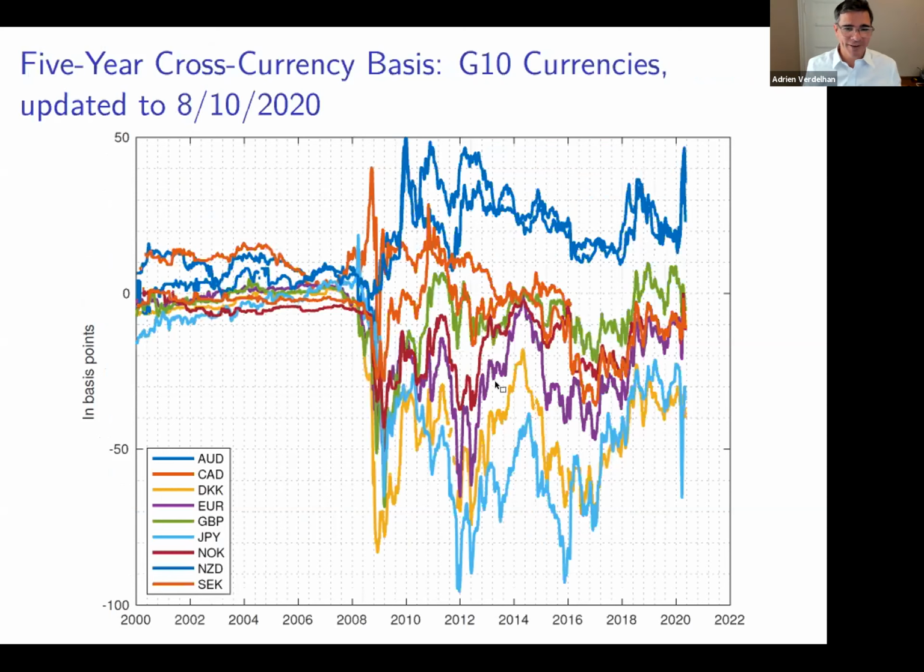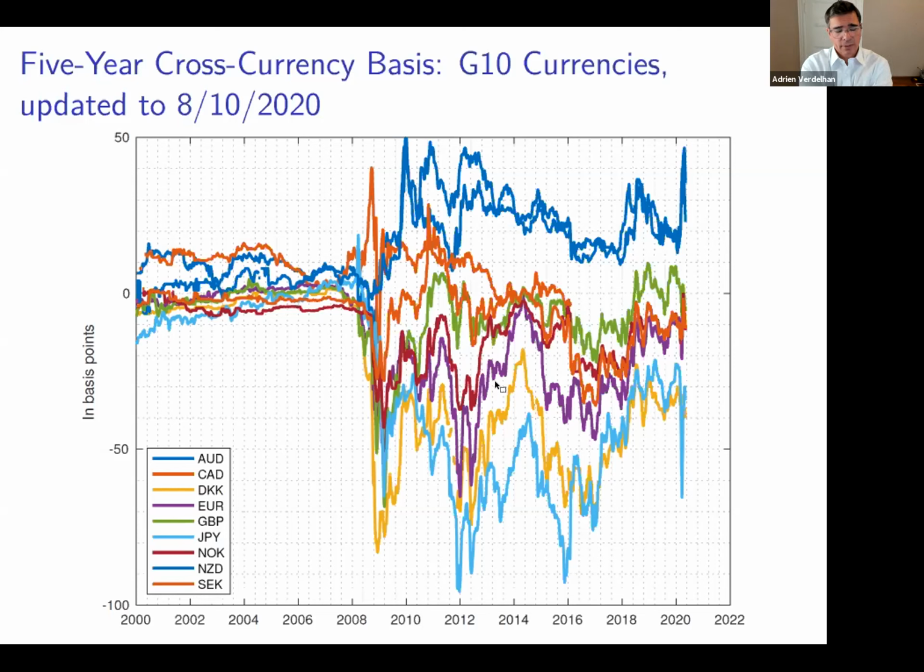So for fun, I also did here the same thing I did for the currency returns. I looked at what happened today, just to make sure that I'm not telling you to work on something that disappeared. Here I'm showing you the same kind of CIP deviation, but measured out of the cross-currency basis swap. I won't get into the details.